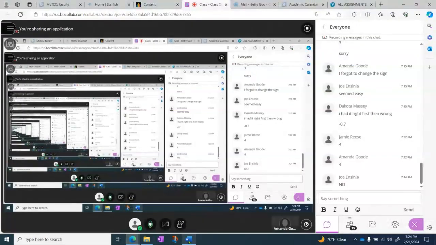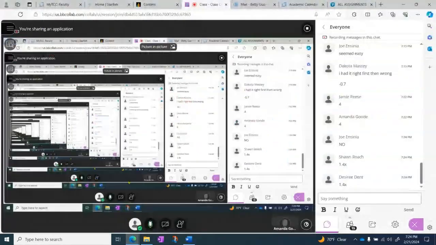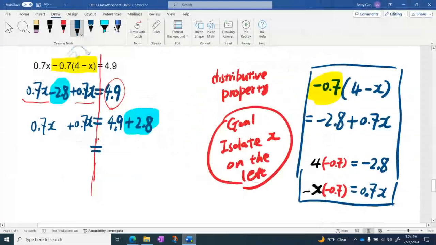Thank you, Jill. Is it 0.7x plus 0.7x? They are like terms, so we combine like terms by combining, exactly, 1.4x. Awesome.